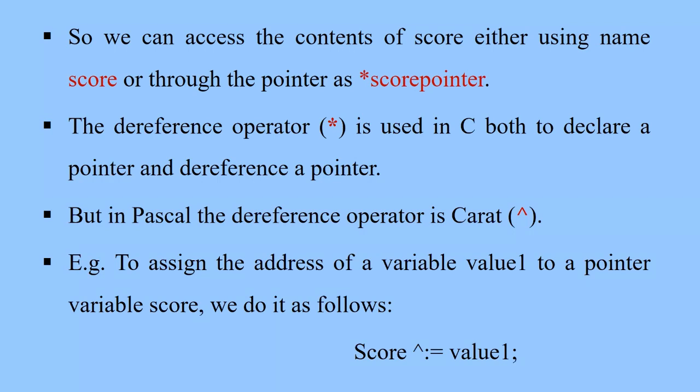This statement, my dear students and the rest of the learners, simply means pick the memory address of the variable called value 1 and store that address in the variable called score. So this assigns the address of the variable value 1 to a pointer variable called score.